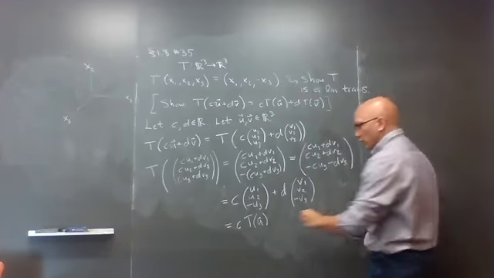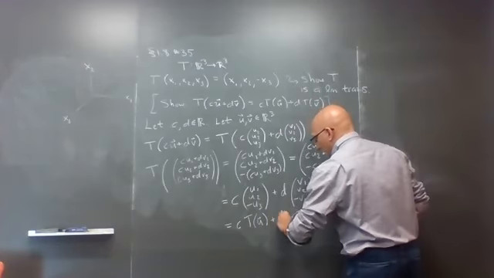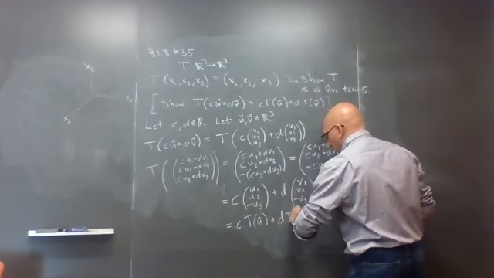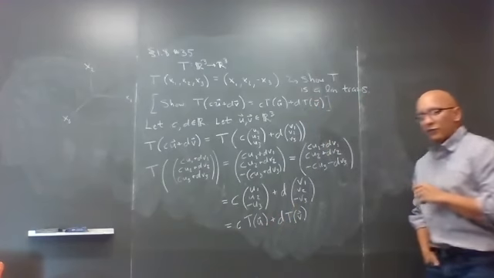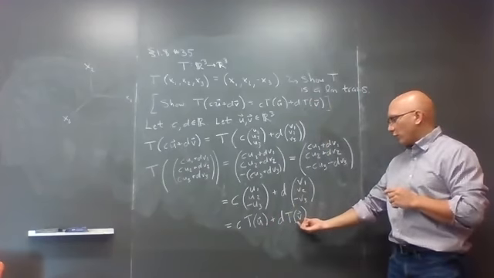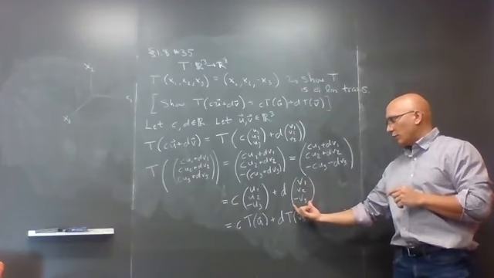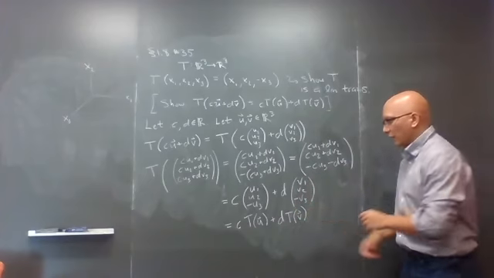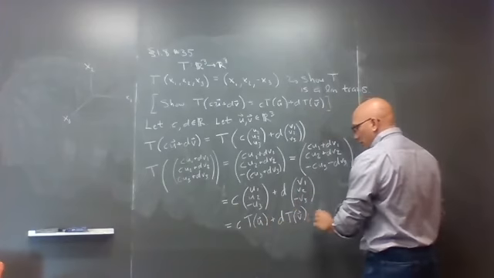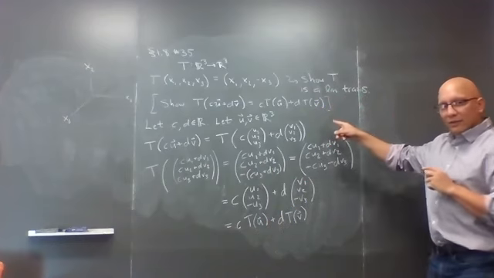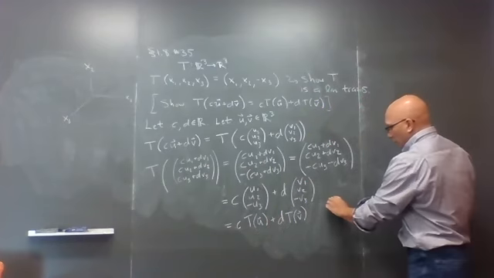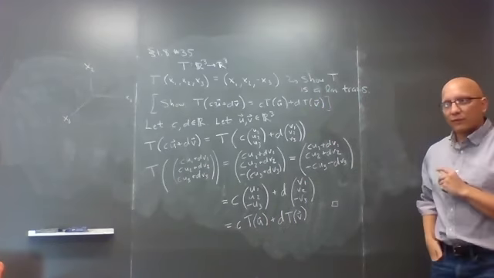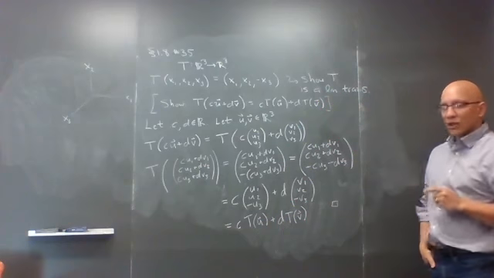The second vector is exactly d times T of v, the image of v, because if I took v1, v2, v3 and plugged it in, I would get v1, v2, minus v3. So look what we ended up with: c T of u plus d T of v. It's exactly the right-hand side I was looking for. We've just proved that this function is linear, and therefore we're done.